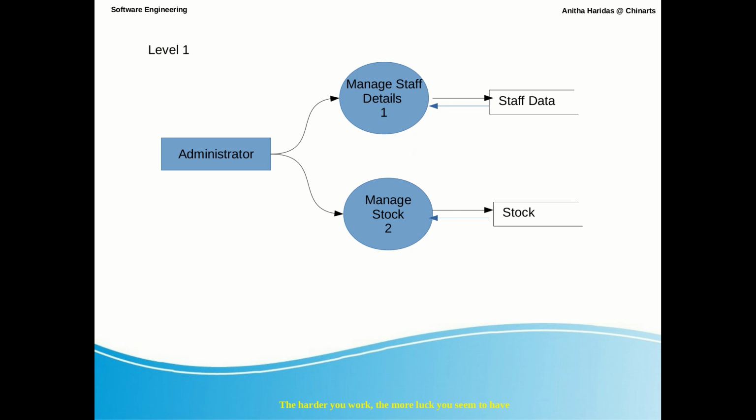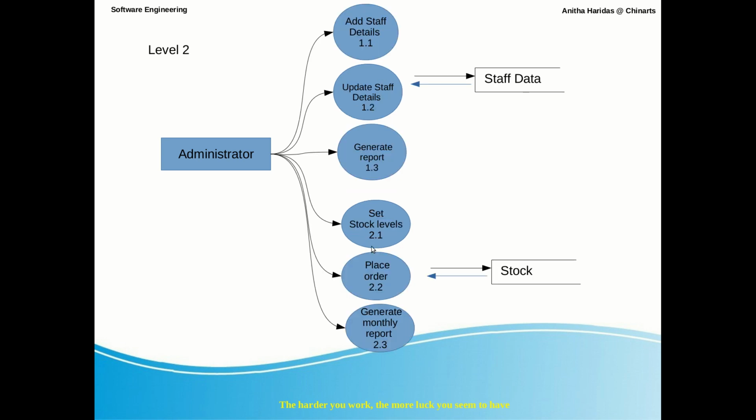So that can be another sub process, or generating monthly reports of the stock can be another sub process. So when a process can be decomposed into sub processes, I will be taking it to the next level. So in level 1, I have these two processes which can be further divided into sub processes. I am going to take them to level 2.